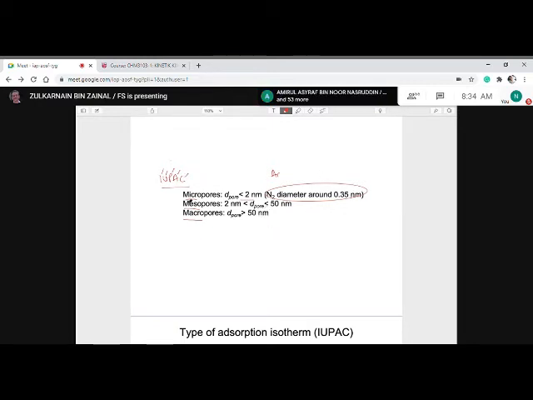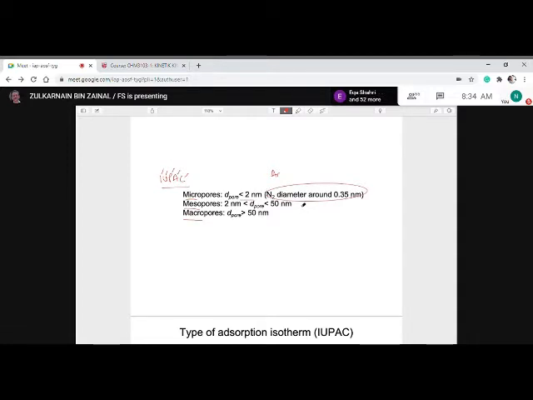Okay, so the classification given by IUPAC is that for micropore, the diameter of the pore should be less than 2 nanometers. All right, it's a very small pore. With that value, only then the material can be classified as having micropores, right?